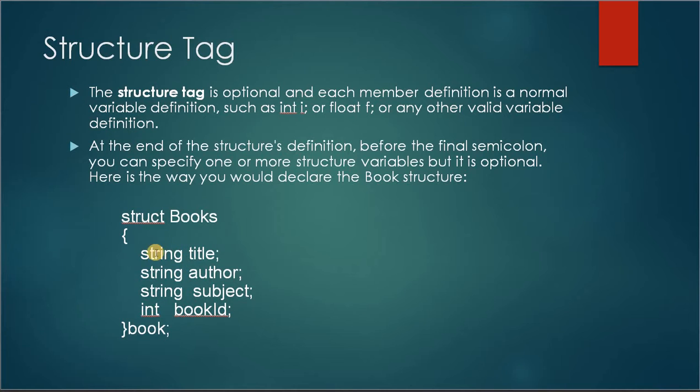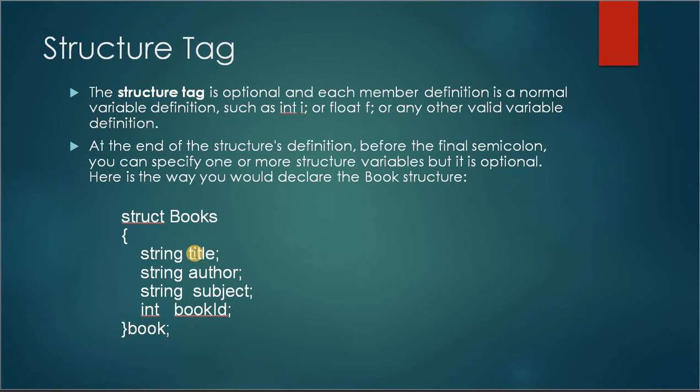A title is a string. So these are data types that we're using. And by the way, let's remember that string is a class. And whenever we create a string, this is actually an object. Title, author, and subject. Here's an integer, the book ID. And one way we can do it is we can say book is going to be a variable of the book's type.